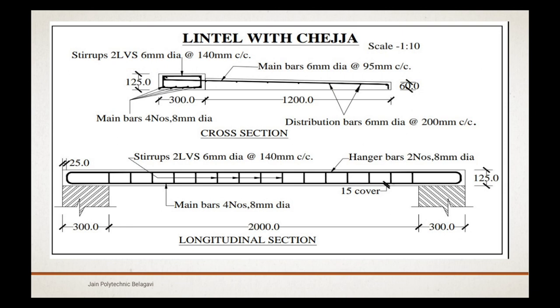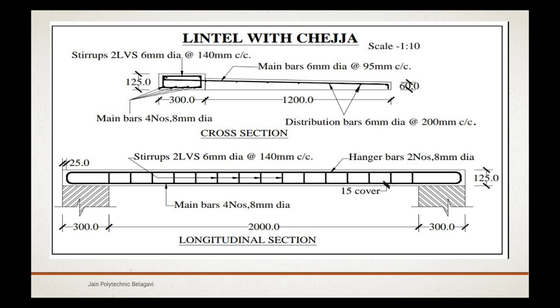So here is the given specified data, lintel with a chajja. The main bars are 4 numbers 8 dia, hanger bars are 2 numbers 8 dia, support 300 on both sides, and clear span 2000 millimeter, meaning 2 meter. Stirrups provided are 6 dia at 140 center to center.